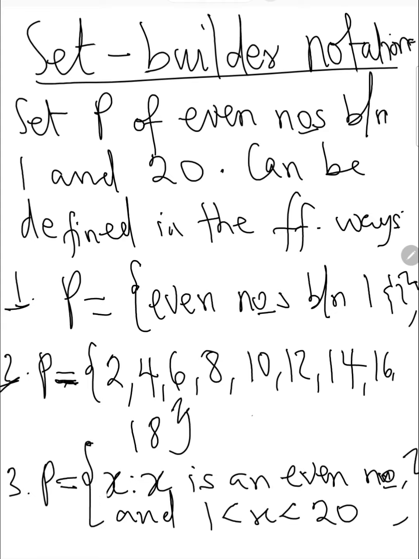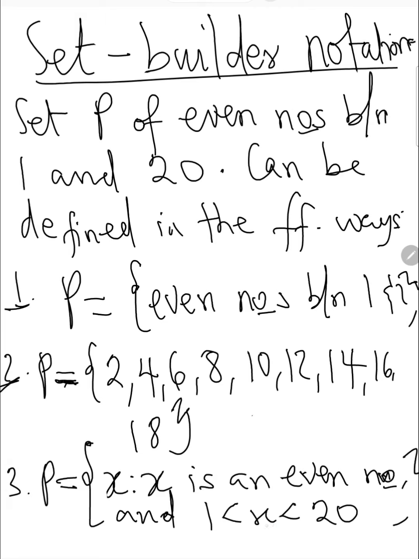So this same set can be denoted as P is equal to x such that x is an even number, and there is a comma here, and this x, which is an even number, lies between positive 1 and positive 20.